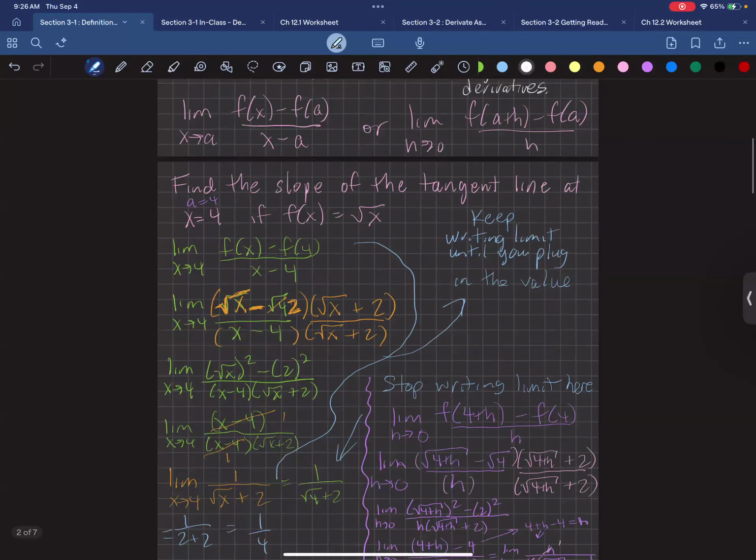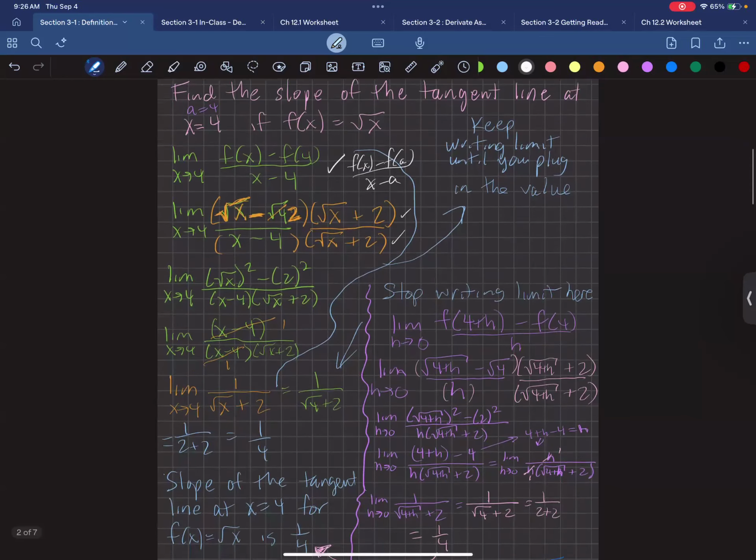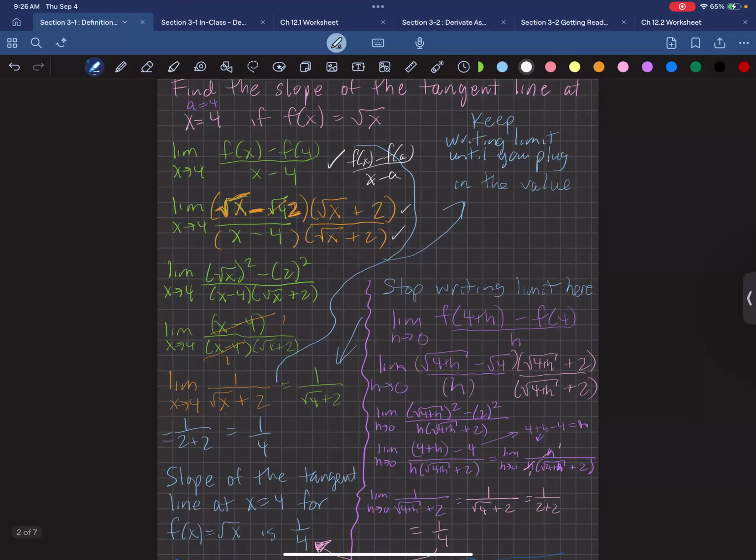So we go ahead and plug it in, and I actually did both versions. So this is the f of x minus f of a over x minus a version right here. And when you plug it in, this is why we practice multiplying by conjugates. You clean it up, and when you finally get down to where you can plug x equals 4 in, that's where the limit goes away.